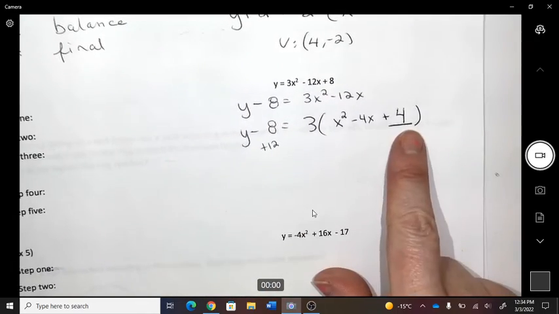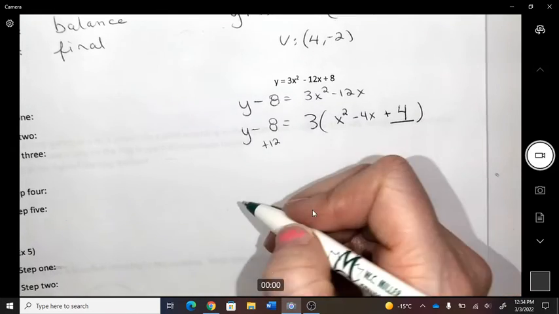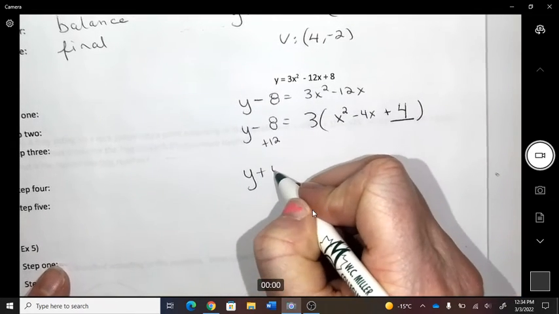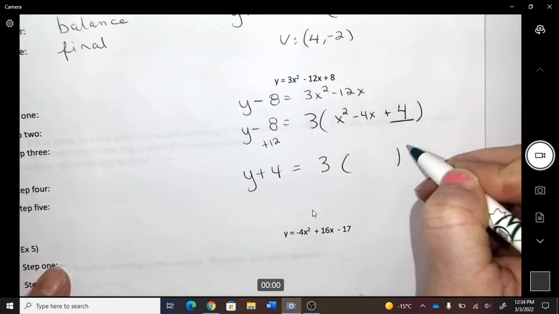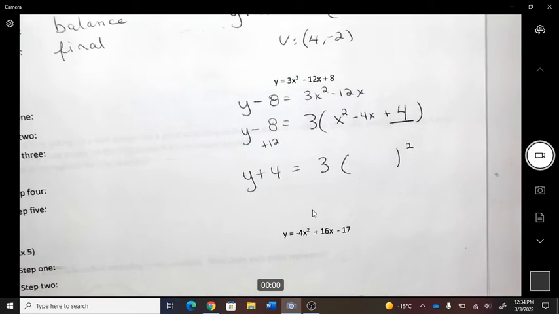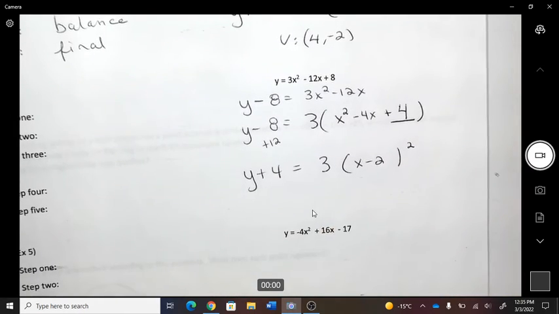Because it's not just 4, it's 3 times 4. And then finalize. So y plus 4 equals 3 something squared. So that's x minus 2.